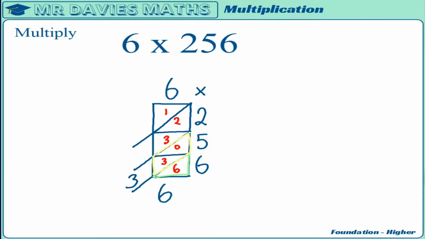Next diagonal, I've got a 2 and a 3, so add those 2 together and I get 5, and the last column, there's actually a 1 in there this time, which is not a problem. That means that total would be 1. Reading round left to right, I've got an answer of 1, 5, 3, 6. And there's my answer.